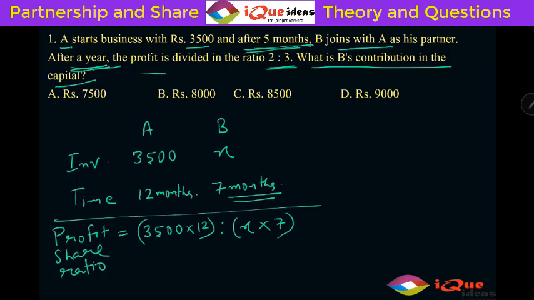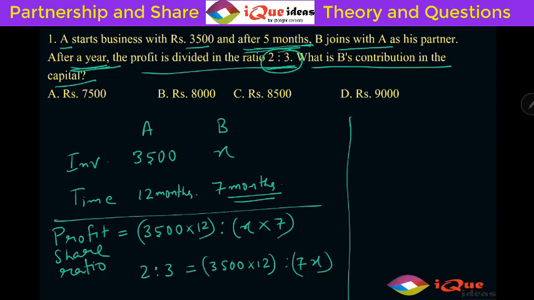And already the profit is divided in the ratio 2:3. So the profit ratio 2:3 is equal to 3,500 into 12 is to X into 7, that is 7X. So let's write it like this: 2 divided by 3 is equal to 3,500 into 12 divided by 7x.